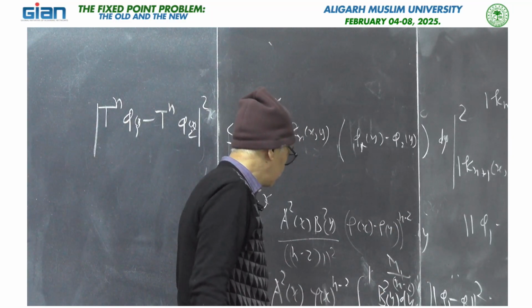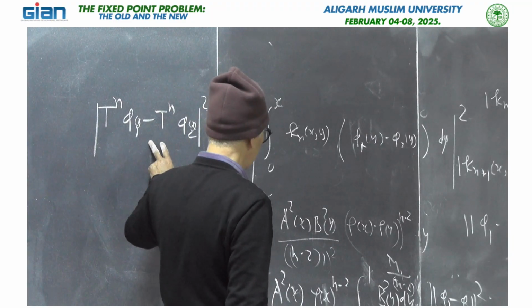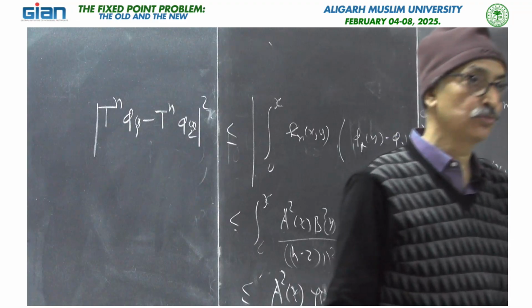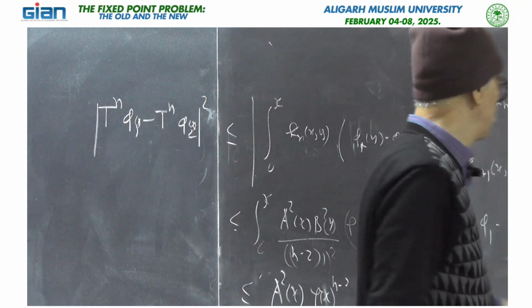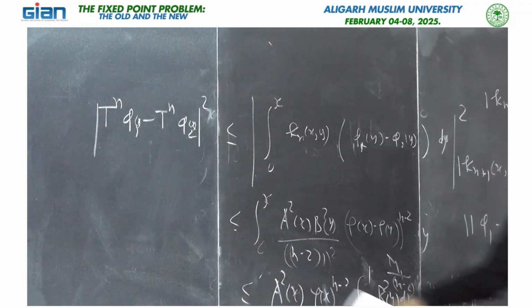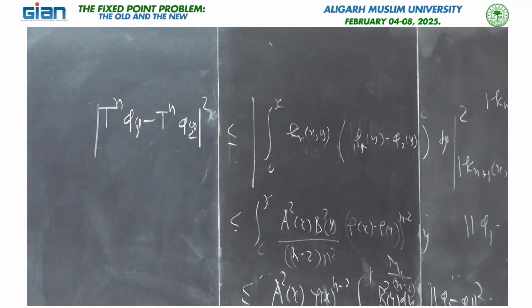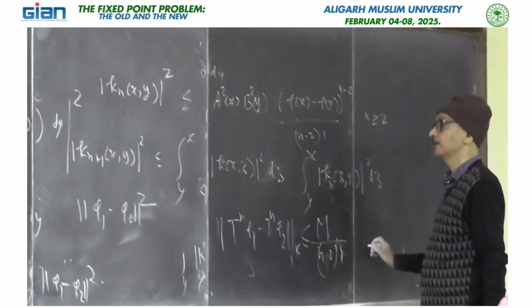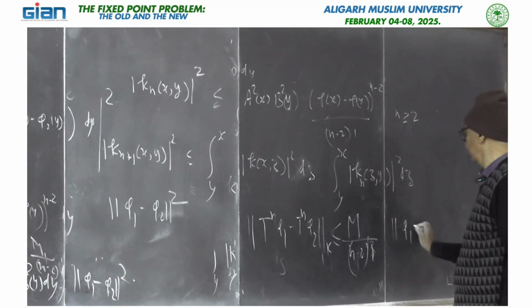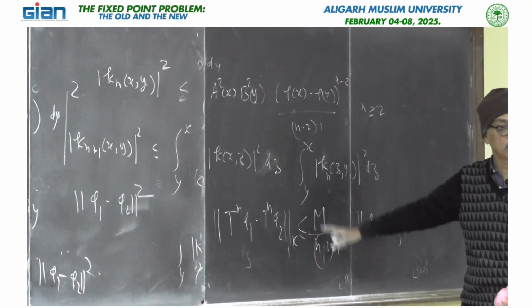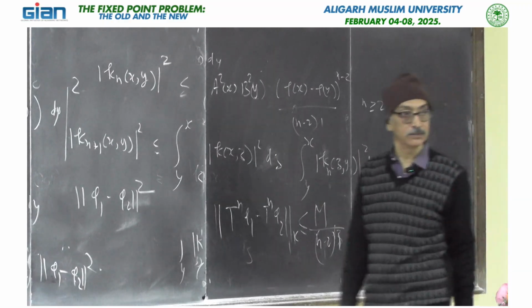So after taking the integral you get m square over factorial n minus 2 square, take the square root. So finally the norm of Tn phi 1 minus Tn phi 2 is less than or equal to m over n minus 2 factorial times norm phi 1 minus phi 2. So it's a contraction for large n, and we have a unique fixed point.